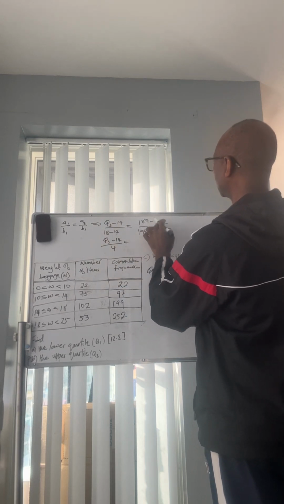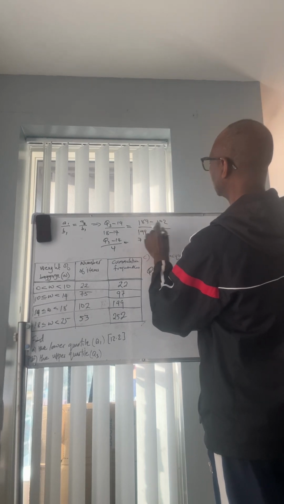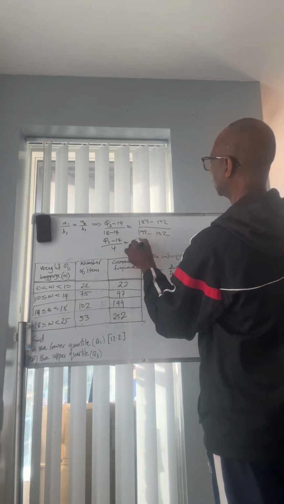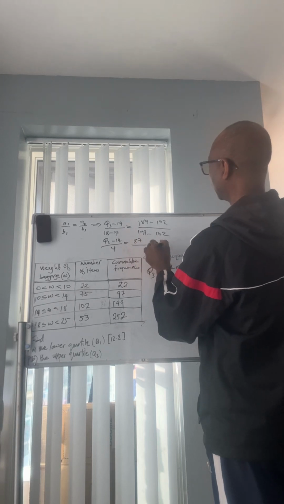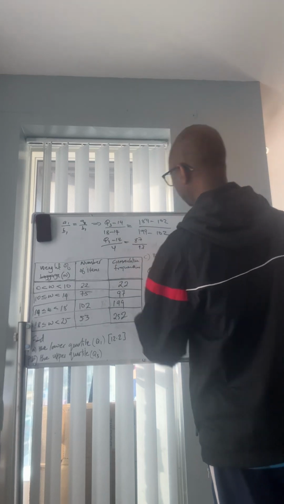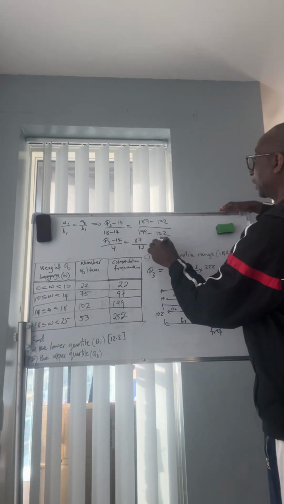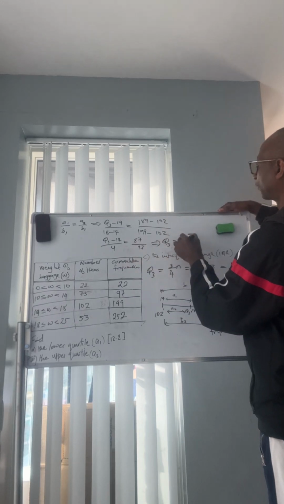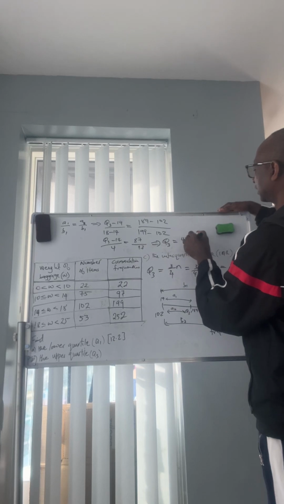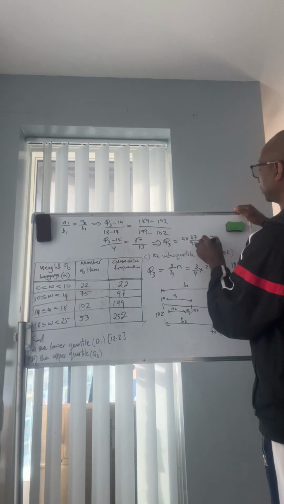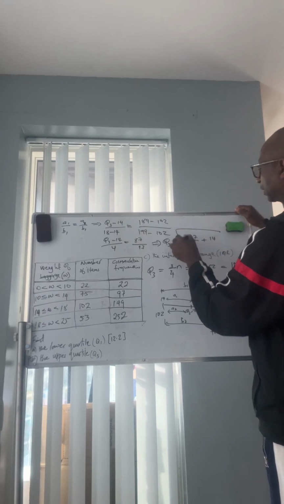And this is 189 minus 102, which gives 87, divided by 199 minus 102, which is 97. So Q3 equals 4 times 87 divided by 97, plus 14. This is your answer for Q3.